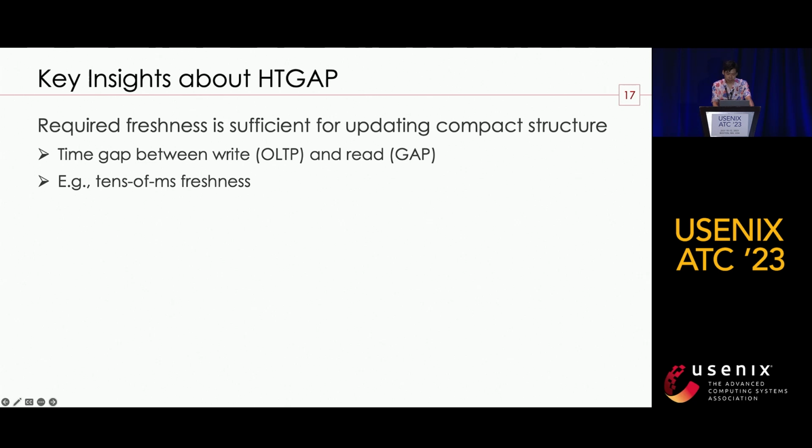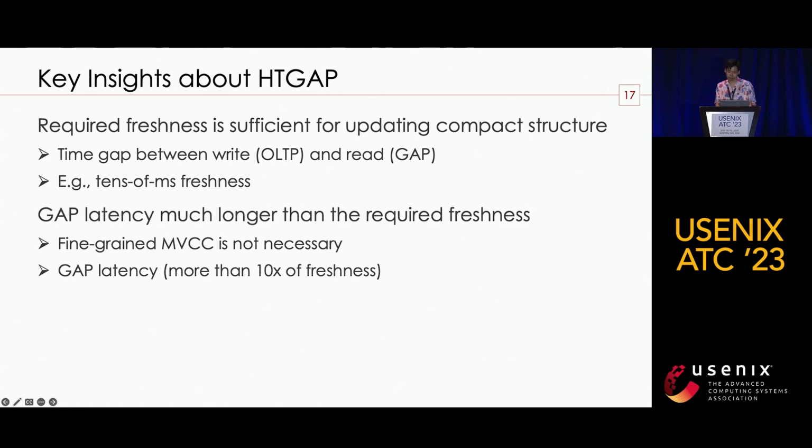The first one is the required freshness of HTGAP workloads, which we can measure by the time gap between updates from OLTP and reads from GAP. It is sufficient for the system to update a compact structure, typically at about tens of millisecond freshness. And the GAP latency is much longer than the time gap, so the fine-grained MVCC is not necessary for the GAP under the dynamic GAP workloads.